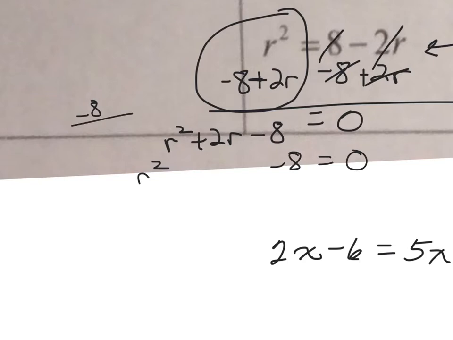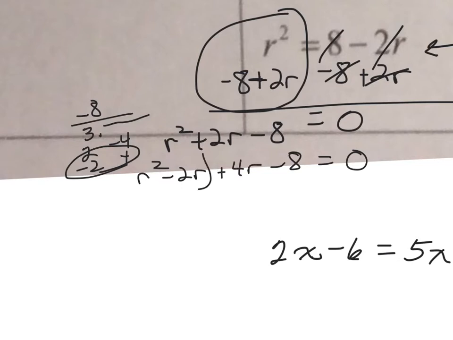The square root of 8 is 3 point and then some decimal. 3 doesn't go into 8. Back it off to 2. 2 goes into 8 4 times. One of them's going to have to be negative to get a negative 8. So either 2 and negative 4 or negative 2 and 4. Negative 2 and 4 add up to 2. Good. So go minus 2r plus 4r.